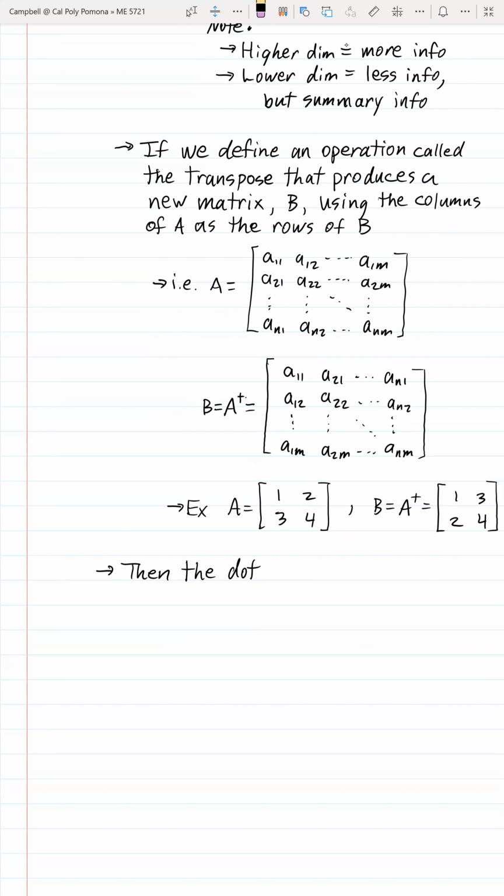The dot product can be expressed equally well via matrix multiplication.